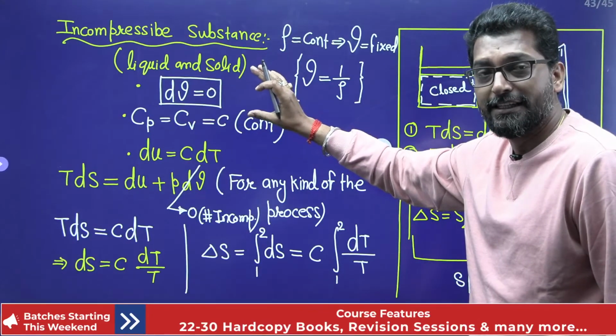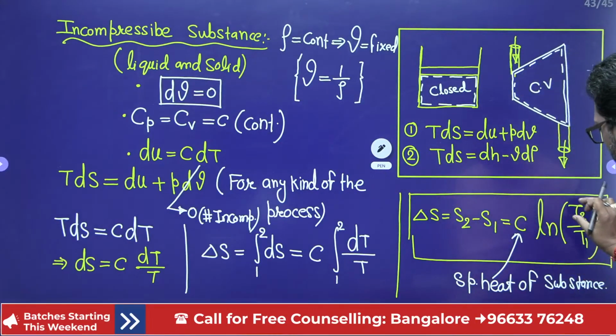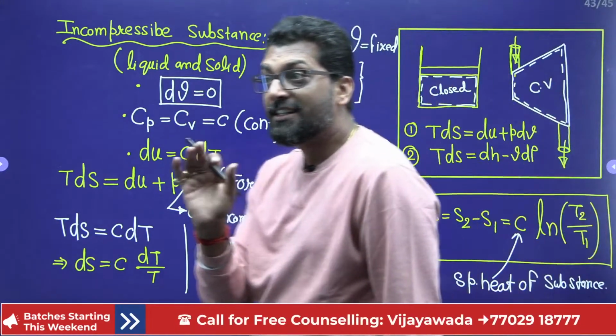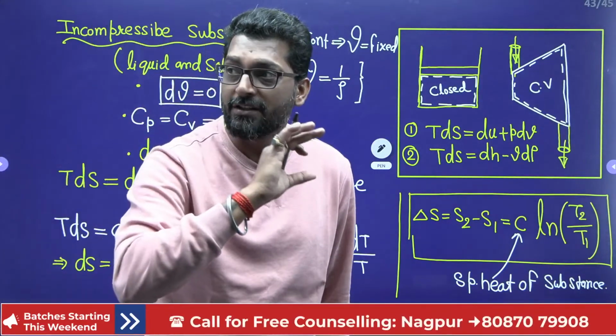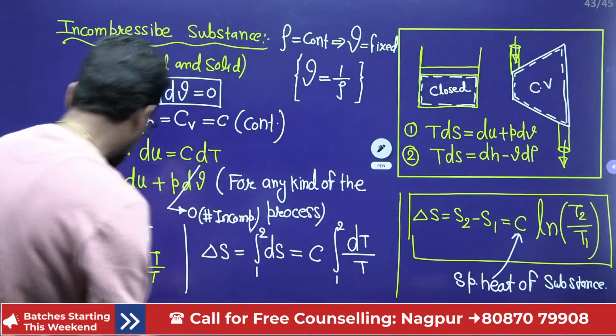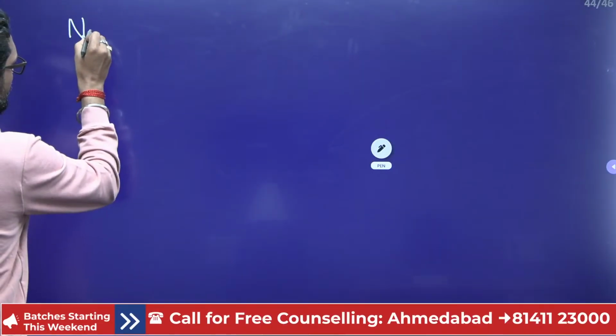Let's suppose its entropy doesn't change. So if the entropy doesn't change, T1 equals T2. That means the temperature also doesn't change. Note, very important, I'm telling you.